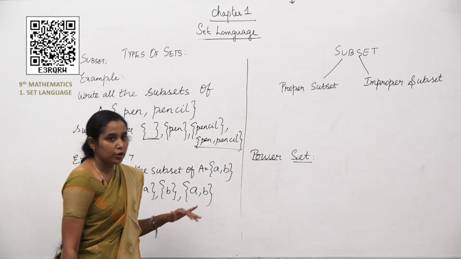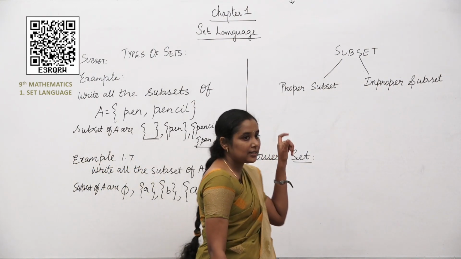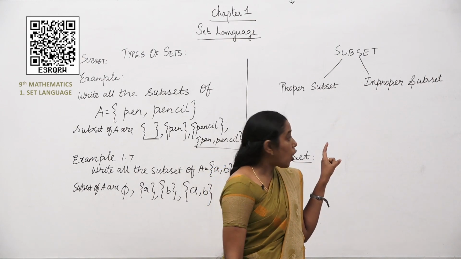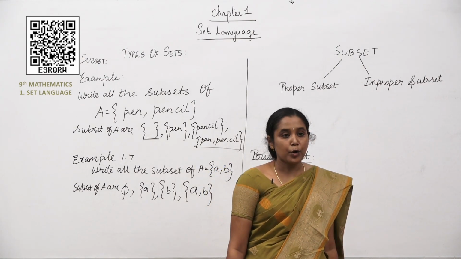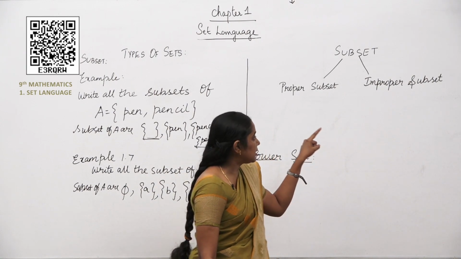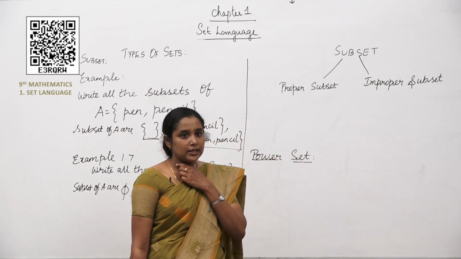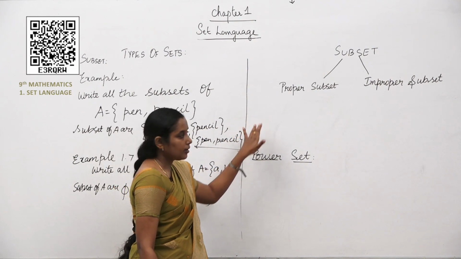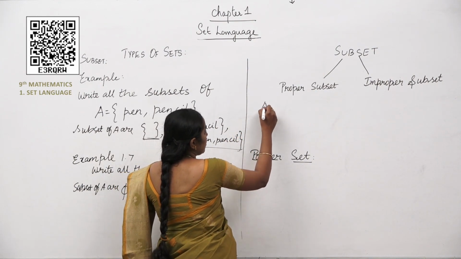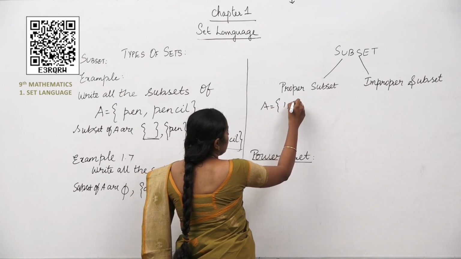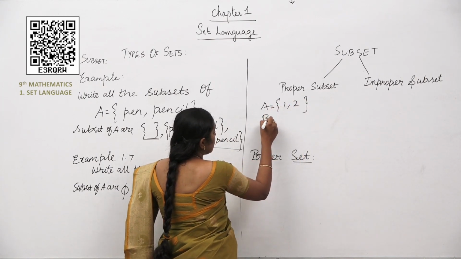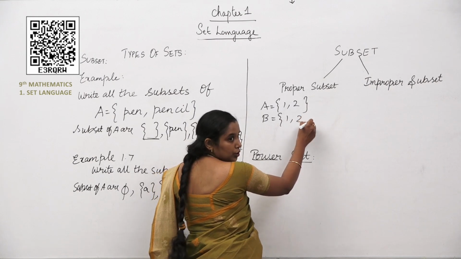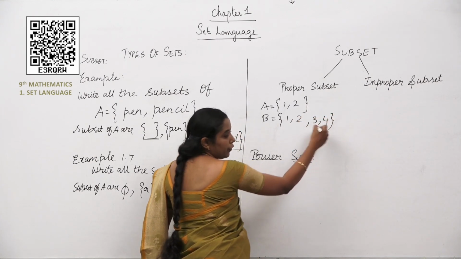Next, what you are going to see is that subsets are classified into proper subset and improper subset. In proper subset, suppose you are taking A is equal to {1, 2} and B is equal to {1, 2, 3, 4}.